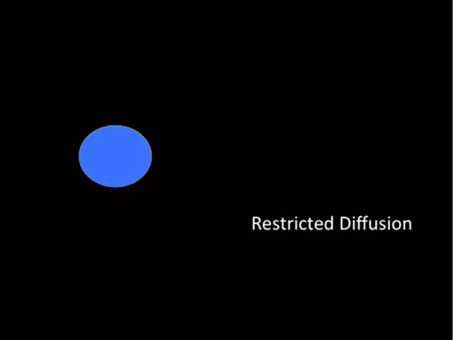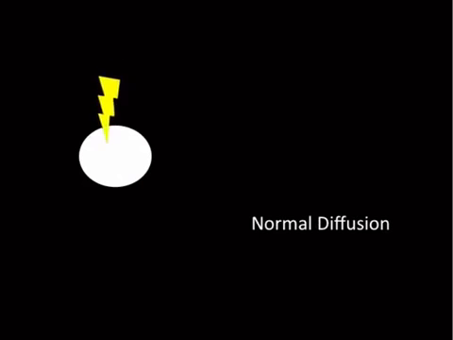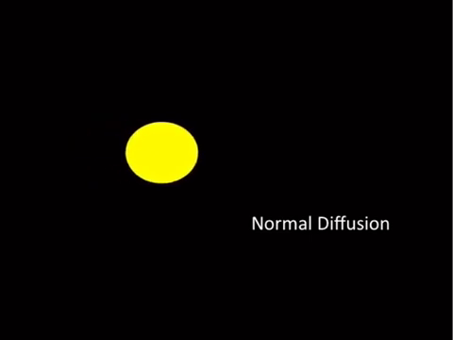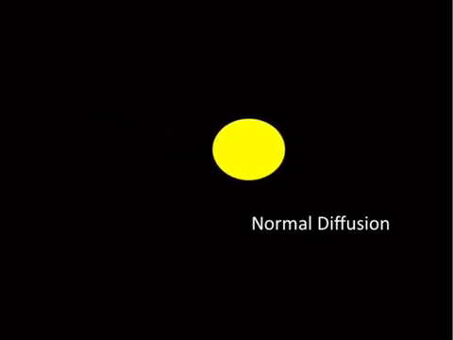We generated signal. It held still for both the 90 and the 180 degree to hit it. Now, here's another situation where you have normal diffusion, where here comes the 90 degree, and it's charged up, ready to go, but it moves because it's moving around normally, and when the 180 degree comes in, it misses it, so there's no signal, and that's why it's dark.